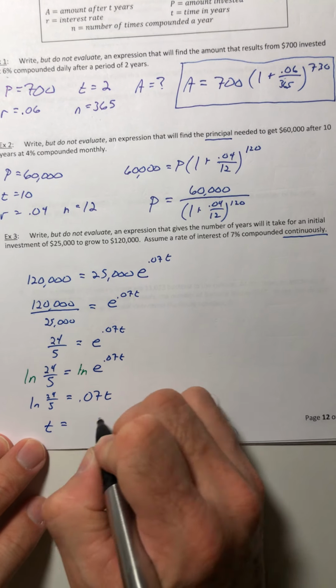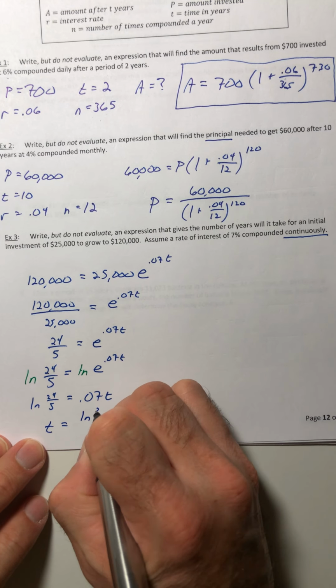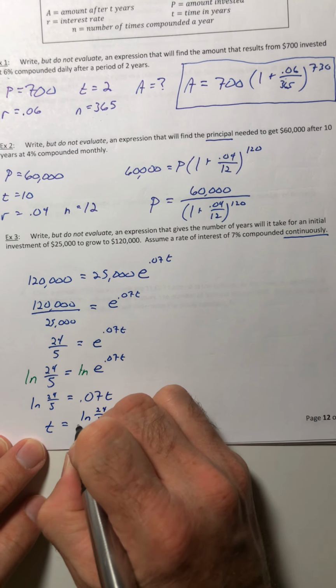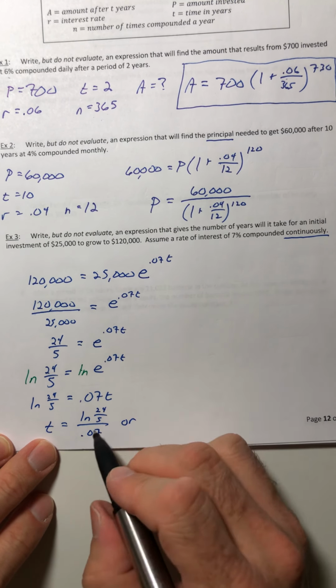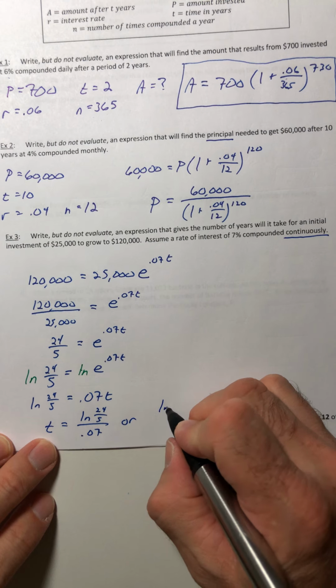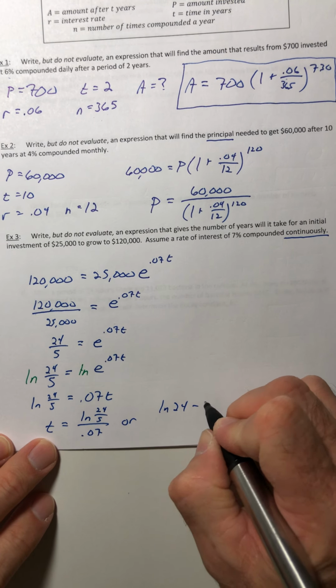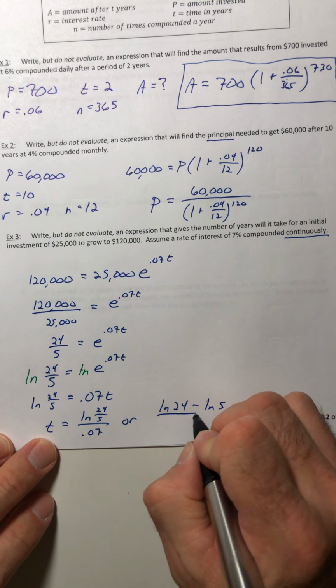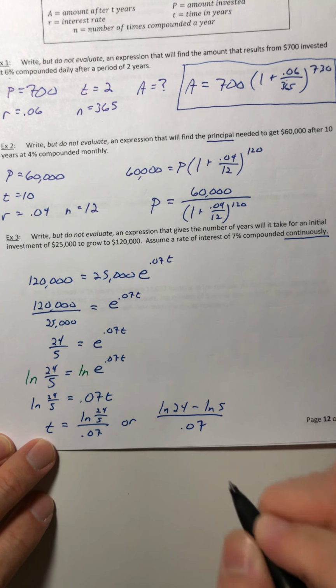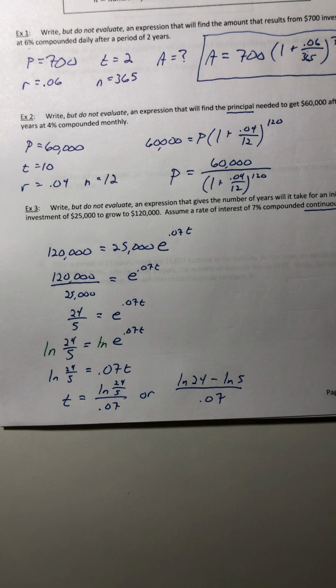So I can divide both sides by 0.07. Or if I wanted to, I could use those log properties and split the division into subtraction. Okay, so there you go.